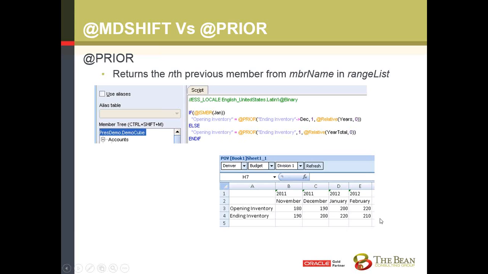This will roll our ending inventory into our opening inventory for each period. And you can see how that works: our ending inventory in November is 190, which rolls up to opening inventory in December, and so on and so forth.